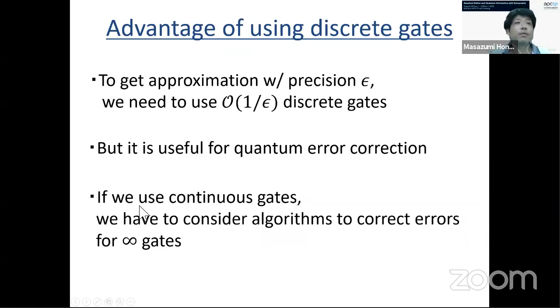If we want to use infinitely many continuous gates, we have to consider algorithms to correct errors for infinitely many gates. But if we have only a finite number of gates, we can consider an algorithm for a finite number of gates. Roughly speaking, if we use discrete gates, we have only a finite number of gates to approximate any unitary operators. Then in the context of quantum error correction, it's much more convenient to consider discrete gates.